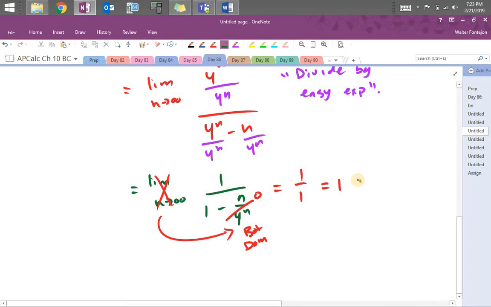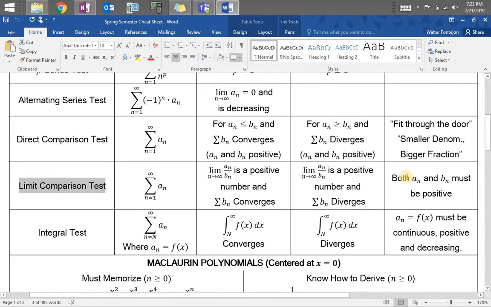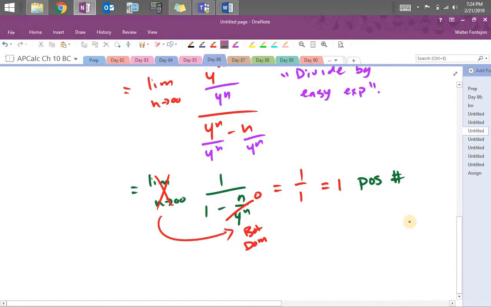More importantly, this is a positive number. Now let's look at this again because we haven't seen this last year. Since this is going to be a positive number, that means that if one of them converges, the other one converges. If one of them diverges, the other one diverges. They just behave the same. So positive number means behave the same.